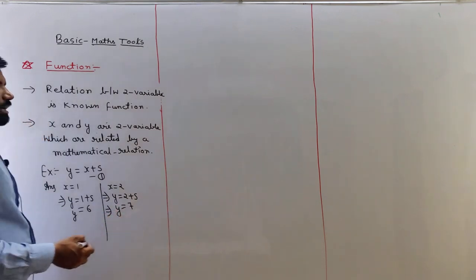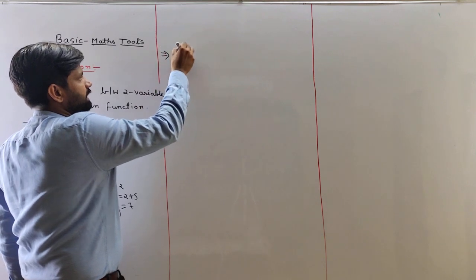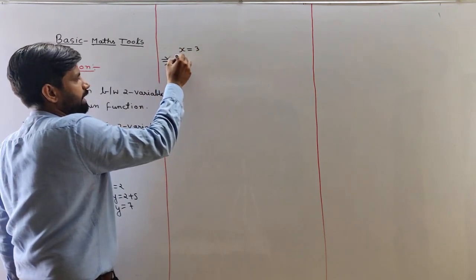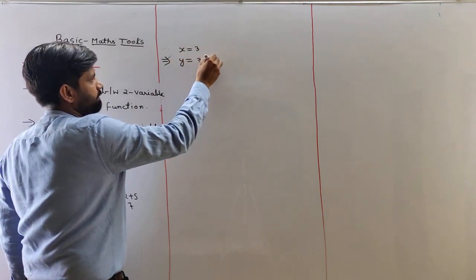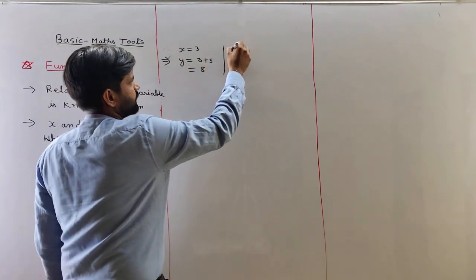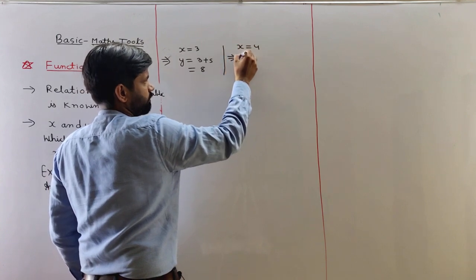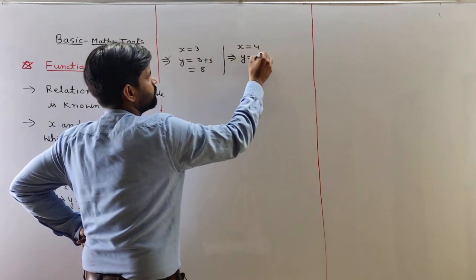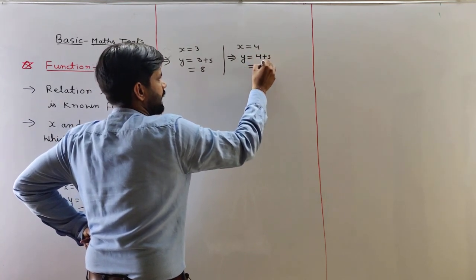Take another example: if we put x is equal to 3 in equation 1, that is 3 plus 5, that is equal to 8. If we put x is equal to 4, then y is equal to 4 plus 5, that is equal to 9.